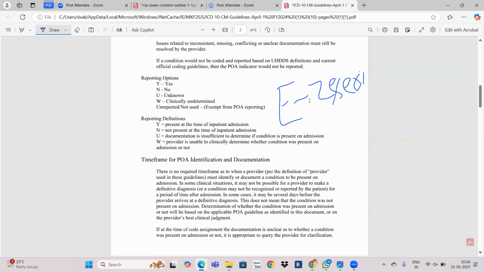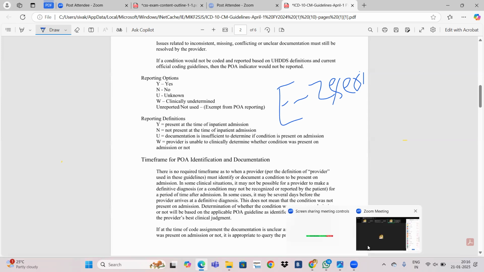At the time of admission, the patient already has hypertension, diabetes, some diseases. Already some chronic diseases, hypertension, diabetes, heart failure, whatever. So for that, you need to assign Y.